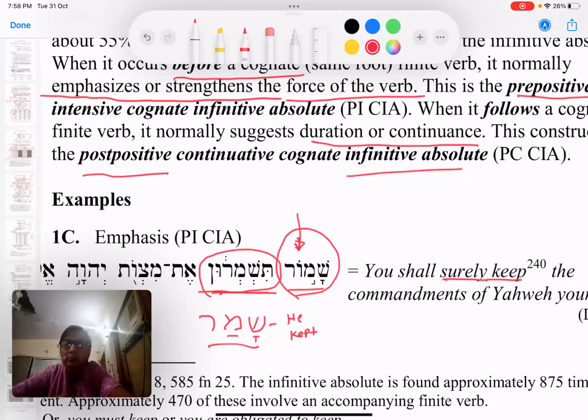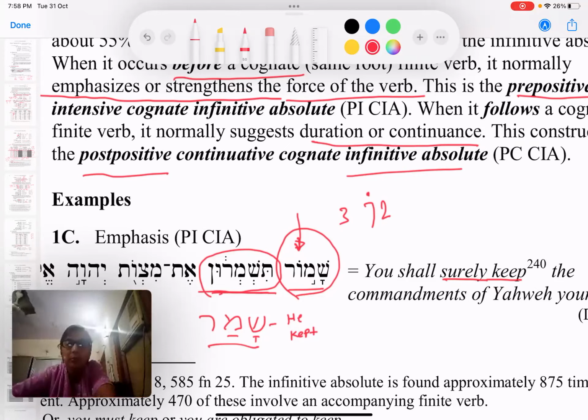And how to identify it: between the second and third root letter, you'll find holem vav, and after that you will find the finite verb of the same root.